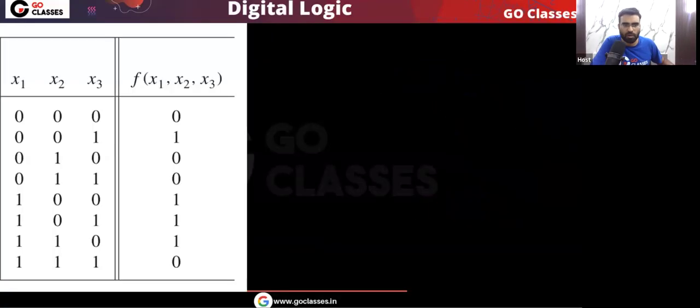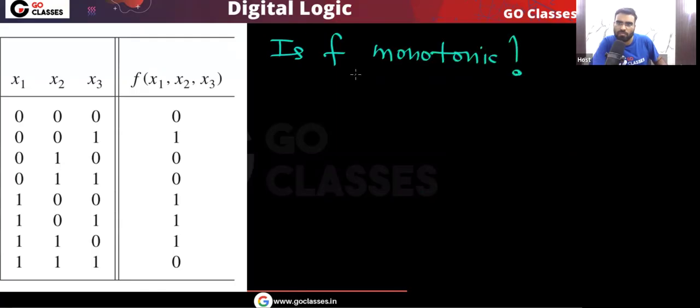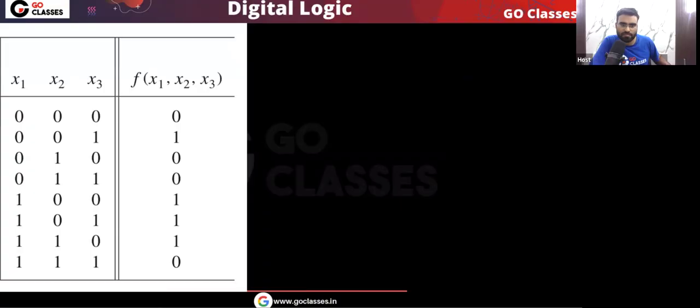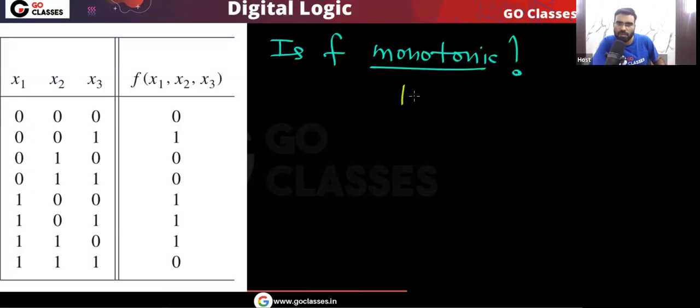That's it. What about this function? Is f monotonic? Please tell me. The answer is again no. Can you tell me why? See, very simple. For this combination, the function value is 1.